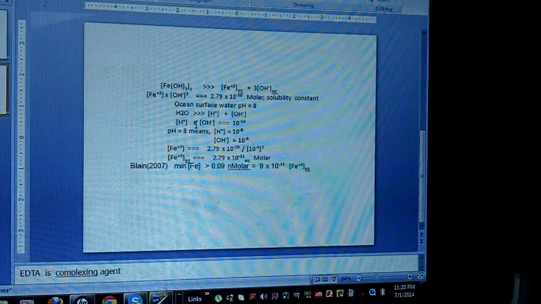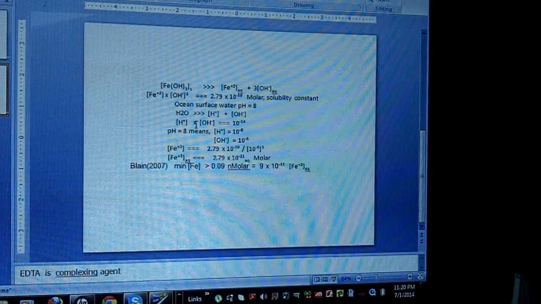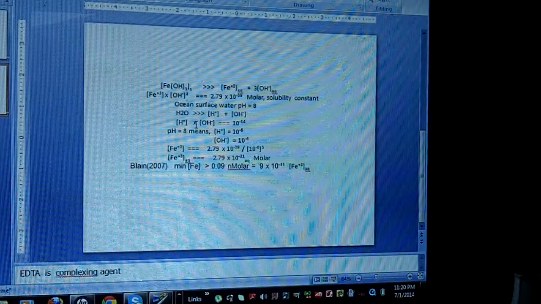So then the other thing we need to know is the concentration of hydroxide ion. Well, we know the ocean surface water has a pH of 8, and water, when it dissociates, goes into hydrogen ion, which is always hydrated, of course, and hydroxyl ion.